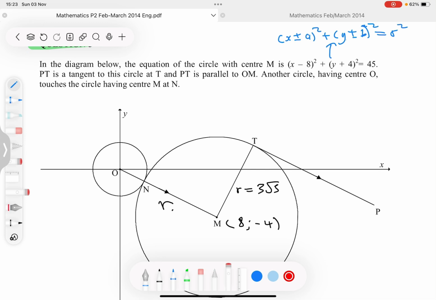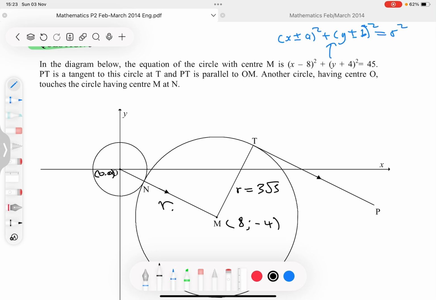Now they then go and say another circle having center O, so this circle here having center O, touches the circle having center M. It touches this circle here at the point N. Now, if you look at the second circle, we have this point here to be 0, 0, because it is at the origin.